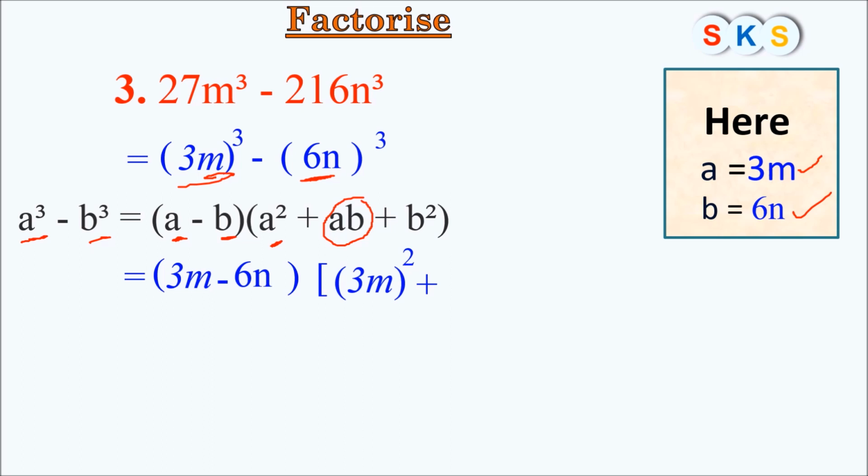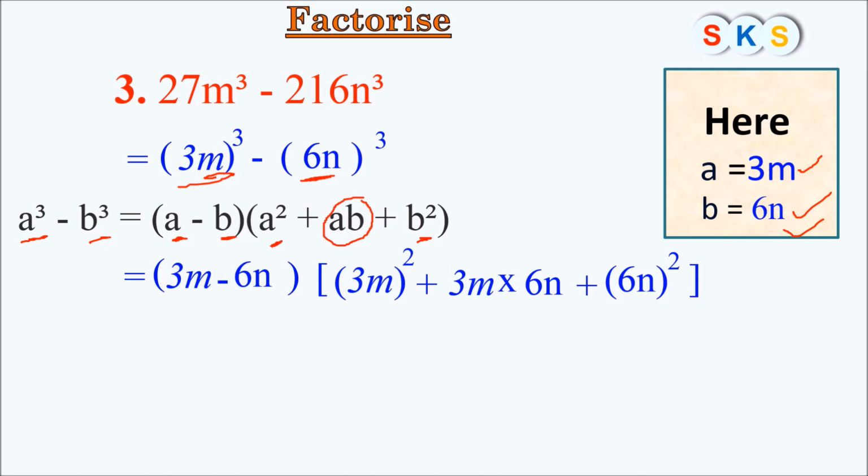In the rectangular box it's 3m and 6n, so we will write 3m into 6n, plus, what is the last term of the second bracket in this formula? We have b square. And what is b? It's 6n, so we will write 6n the whole square. Now we will close the bracket.